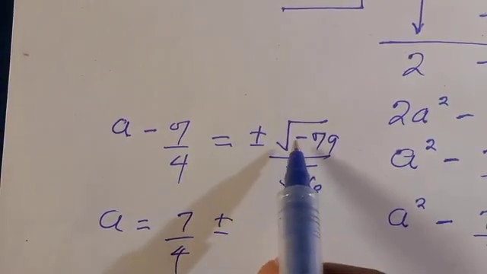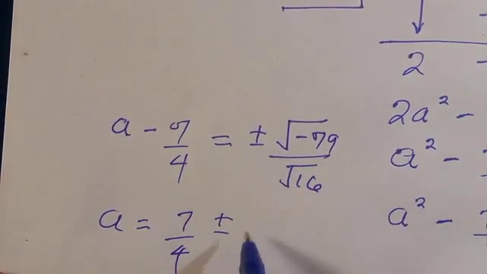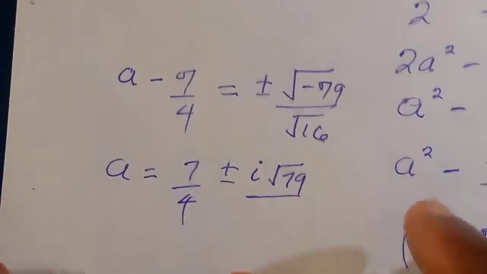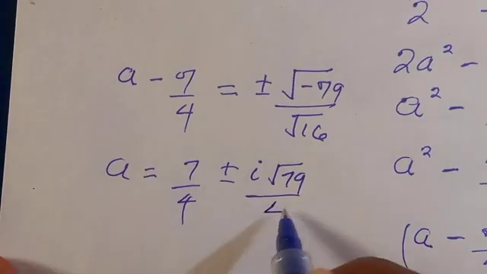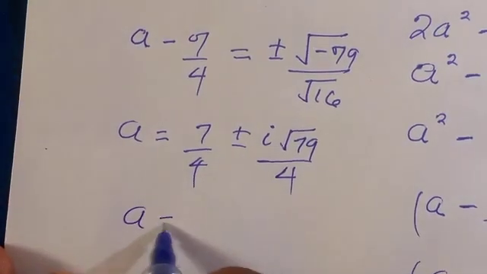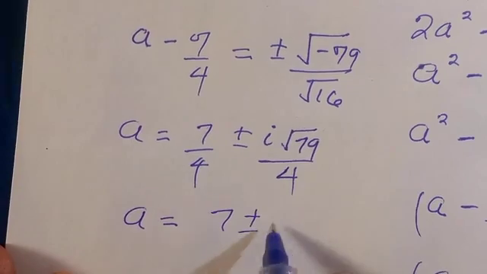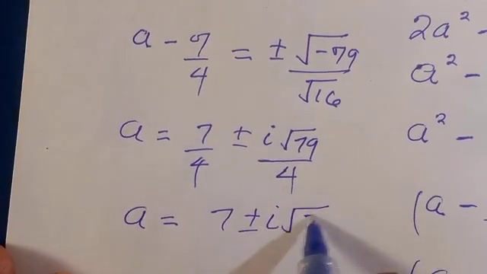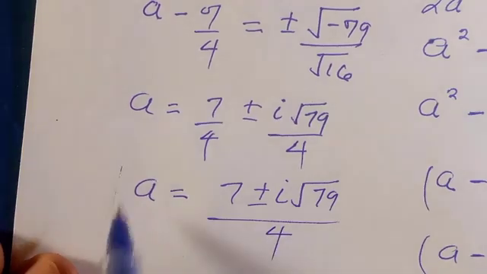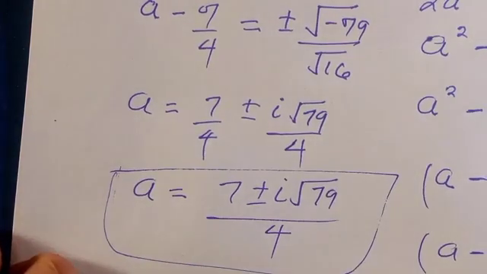Here we have minus in the root, which gives i root 79 divided by the square root of 16, that is 4. So the result of this is a, which is 7 plus or minus i root 79 divided by 4, which gives the complex solutions.